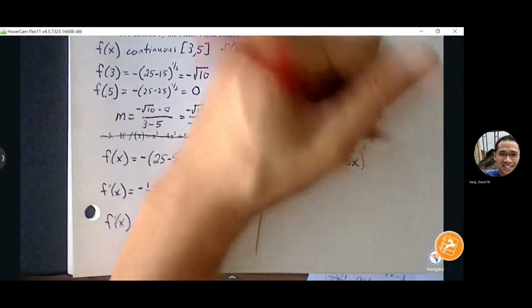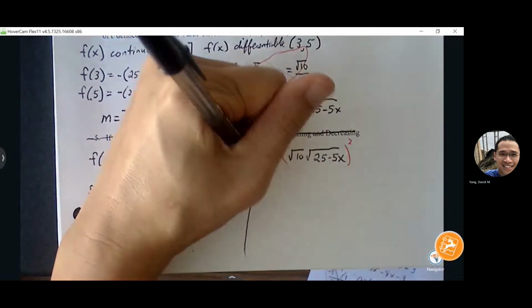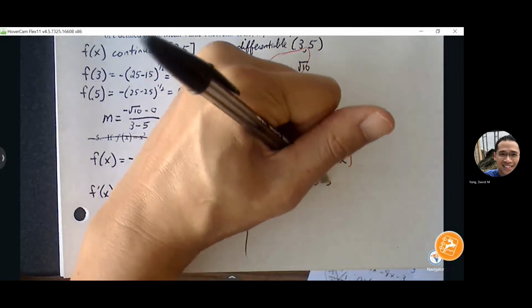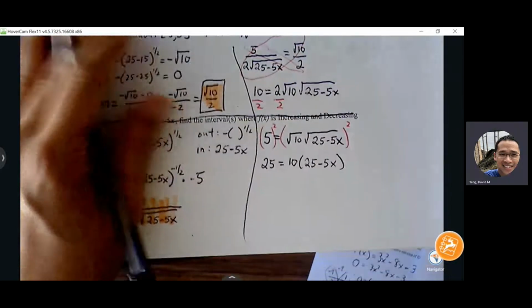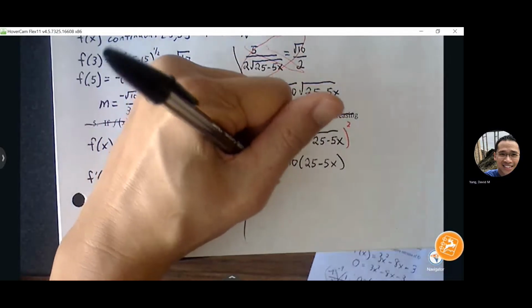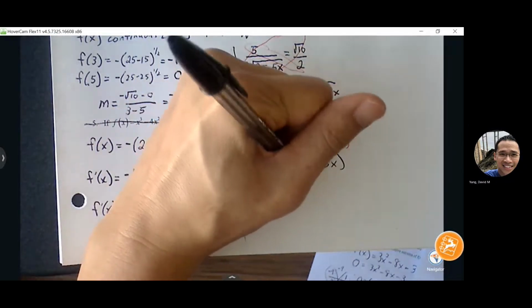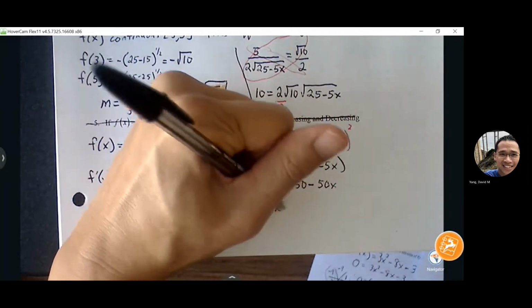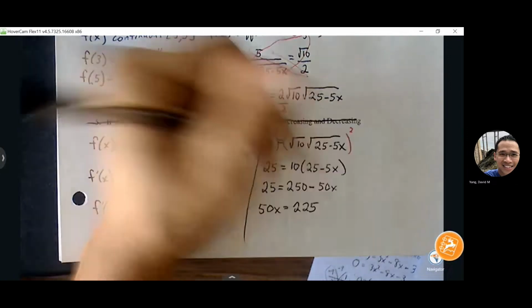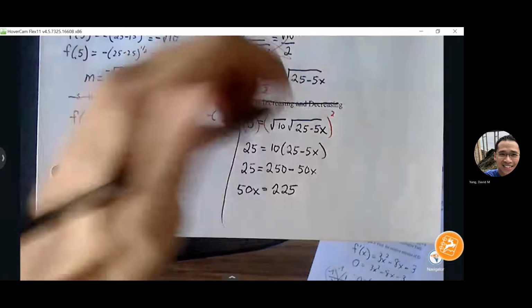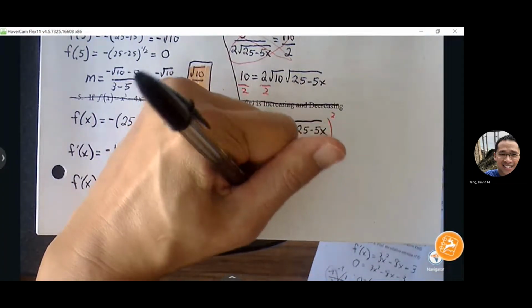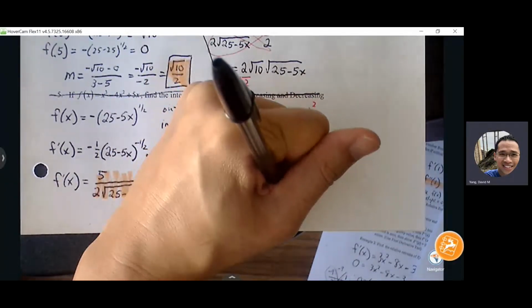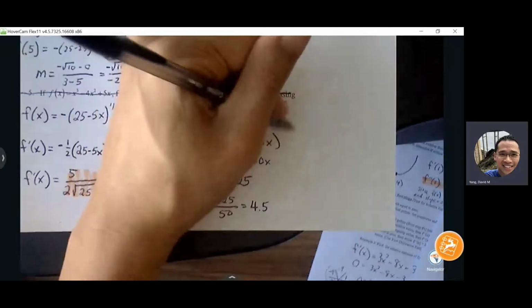Square both sides. And now I'm just trying to solve for x. That reduces all the way to 4.5. So that's our C value.